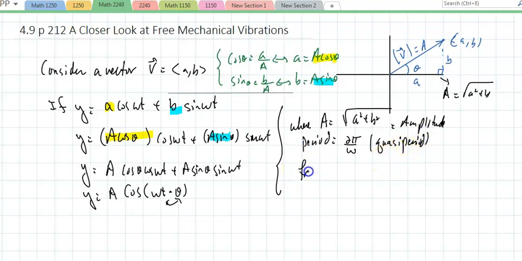We have what's known as the frequency. Normally it is 1 over the period. Here it matches that as well, and this is called a quasi-frequency.